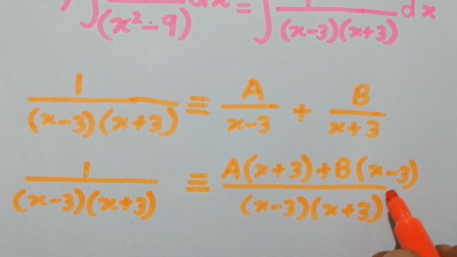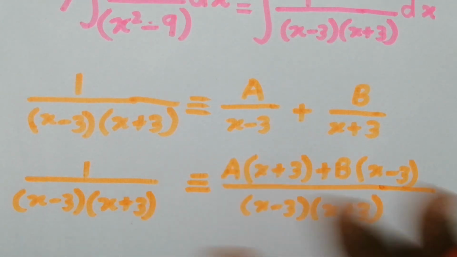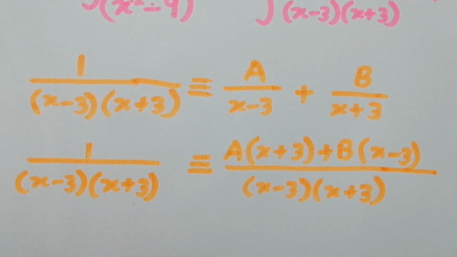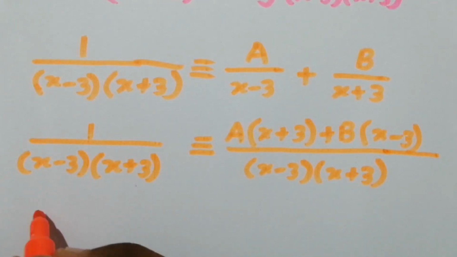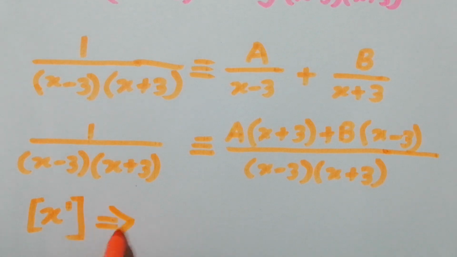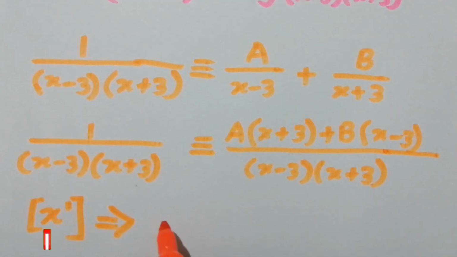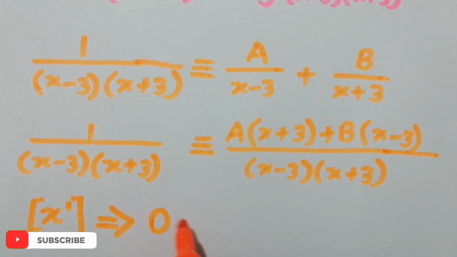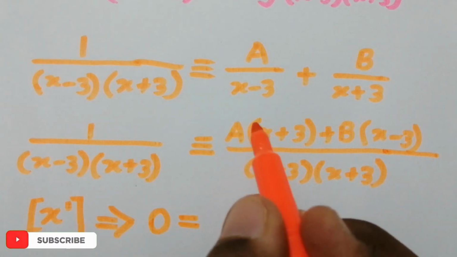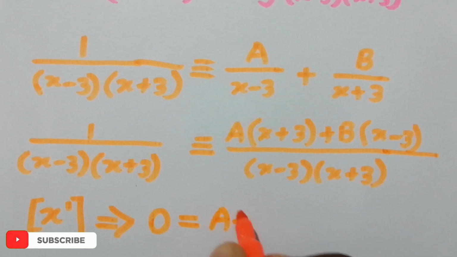By comparing the coefficients at the numerator of x to the power 1, here there is no x to the power 1 term. Then I can write the coefficient as 0 equals a plus b.